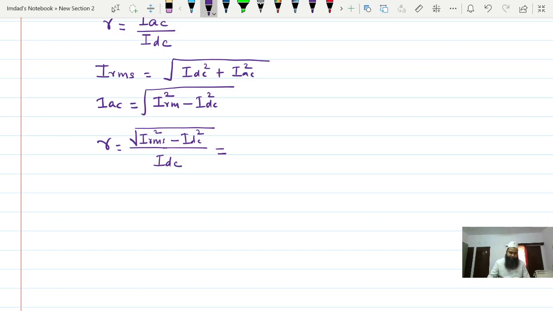It can also be written as under root I RMS square upon I DC, whole square, minus 1.